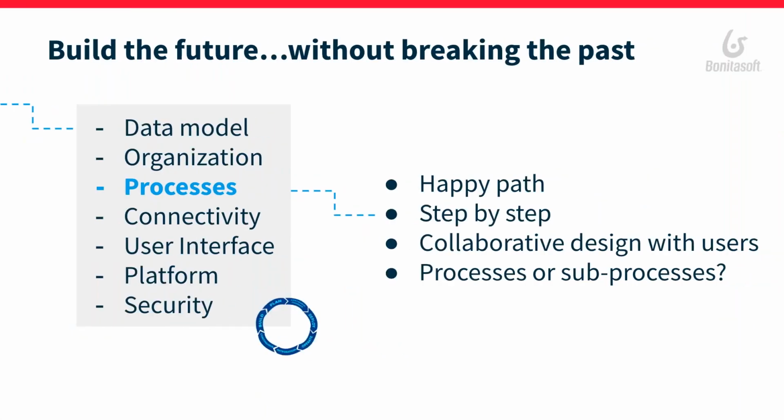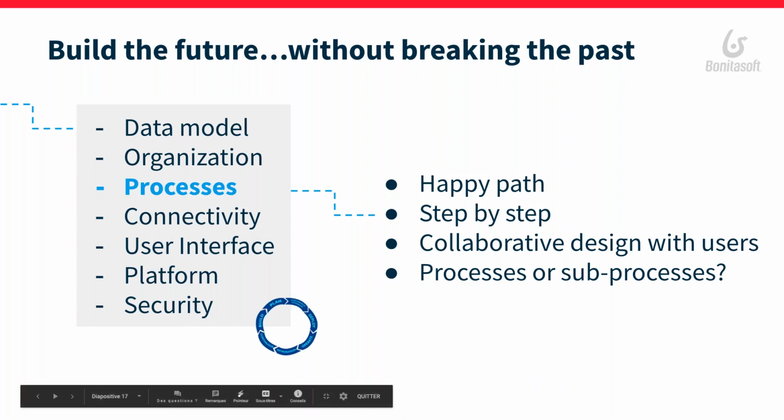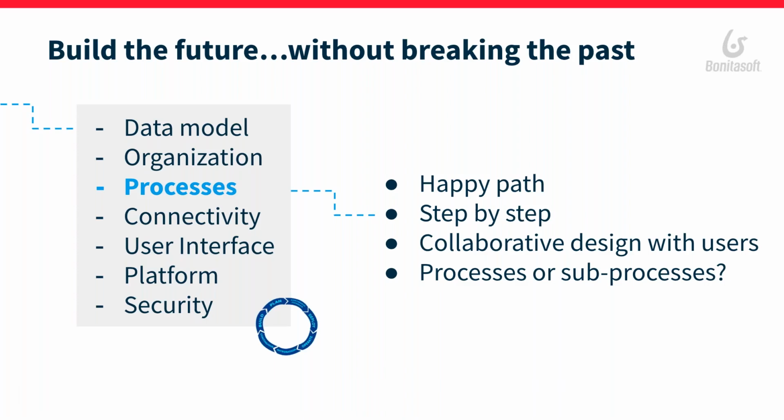And then I have to think also when I'm iterating and adding new values. When you add new values, you are going to add new steps, and you are going to add exceptions and so on.